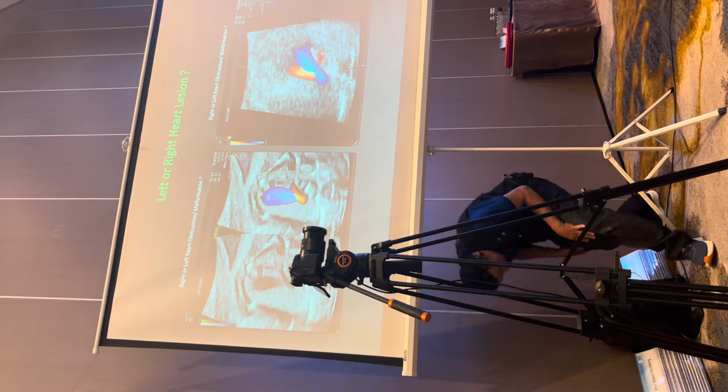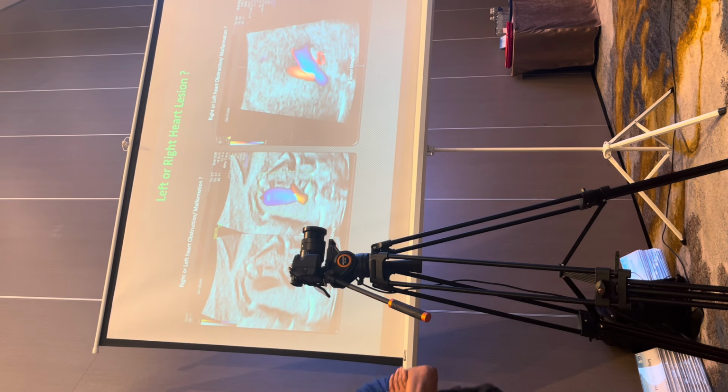So if this is the trachea and this is the transverse aortic arch and this is blue and this is red, this is telling me that there's a reversal of flow in the pulmonary artery or the arterial duct, and I'm looking at a right heart lesion. In this case, that's the trachea, and this is a reversal of flow in the transverse aortic arch. I know that that's an obstructed left heart lesion, or likely to be an obstructed left heart lesion.